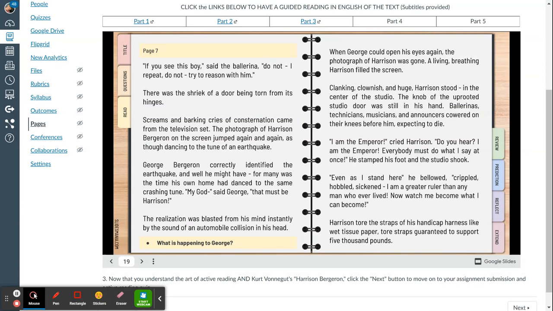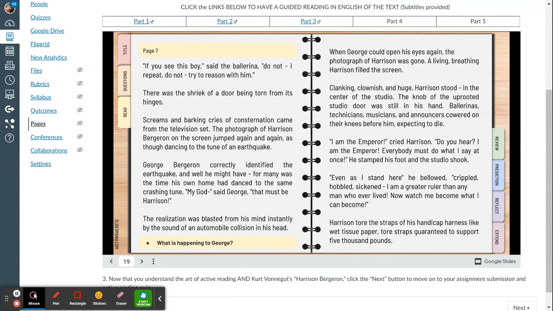George Bergeron correctly identified the earthquake, and well he might have, for many was the time his own home had danced to the same crashing tune. "My God," said George, "that must be Harrison!" The realization was blasted from his mind instantly by the sound of an automobile collision in his head.